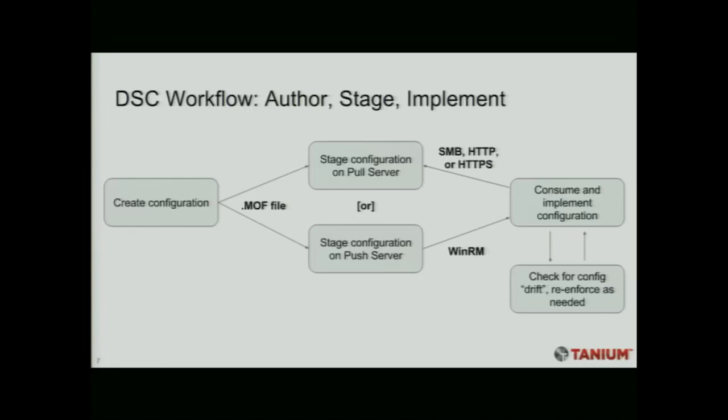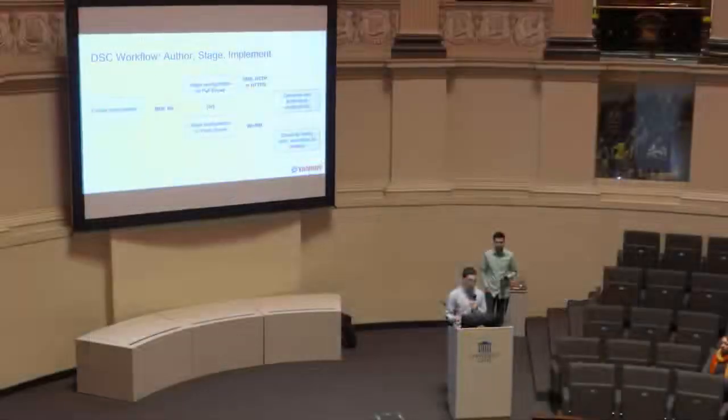So we consume and implement the configuration on the victim host, and then we go into this cycle that we've shown here of basically continuously, the client monitors its config for drift. So this is called consistency. And the system is designed to automatically determine has its configuration drifted away from what you are enforcing, and if it does, it auto-corrects itself. So it's like a self-fixing backdoor.